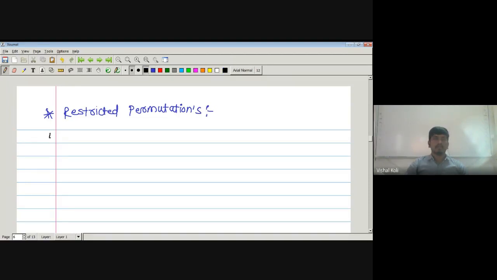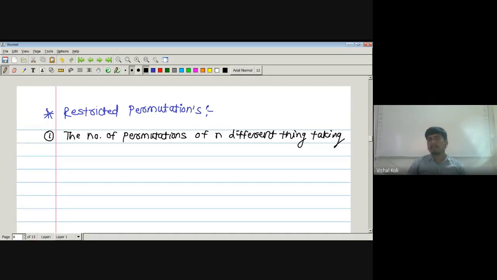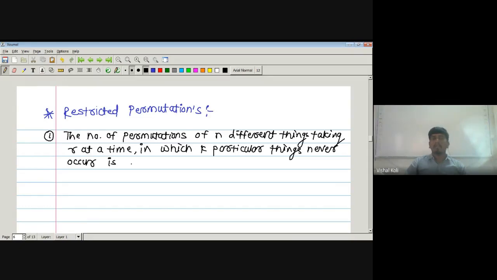The first one: the number of permutations of n different things taken r at a time in which k particular things never occur is permutations of n minus k things where r will be taken at a time.